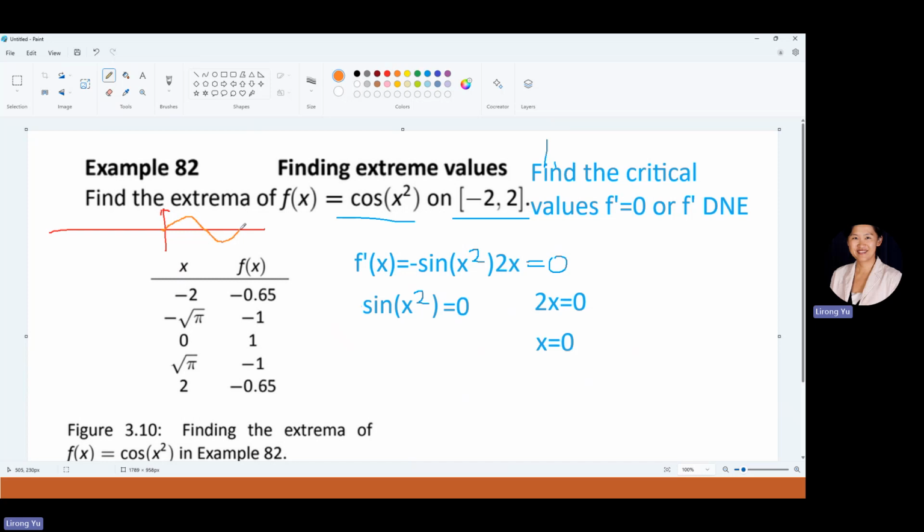You can look at the behavior of the sine function on a unit circle. Sine is the y value on the unit circle. It goes 0, 1, 0, -1, and back to 0. That's the cycle, and then this cycle goes on and on.